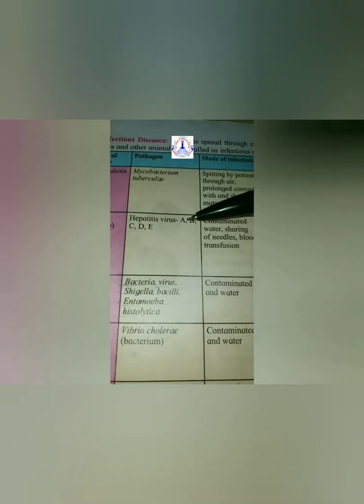Okay. Now next it is hepatitis. Hepatitis is one kind of jaundice. Hepatitis is a viral disease, and the hepatitis viruses A, B, C, D, E are the pathogens. Through contaminated water: this jaundice infects our digestive system, so through water we can get the infection.